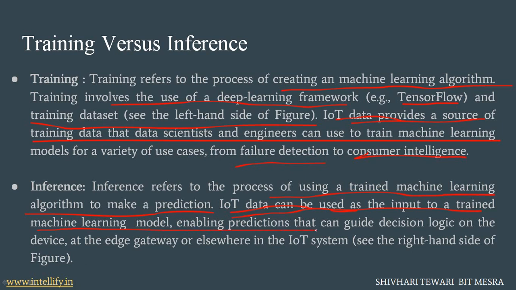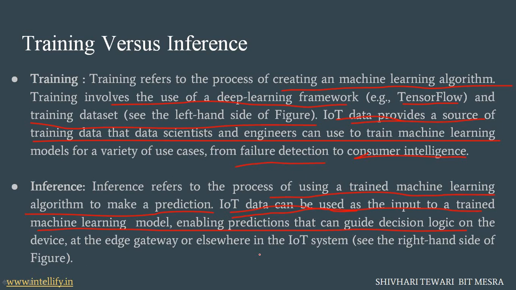Now it enables predictions that can guide decision logic on the device, at the edge gateway, or elsewhere in the IoT system. Inference is the major part of an IoT system. Now, how are we using the training data set in inference?